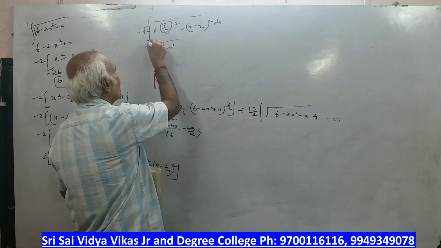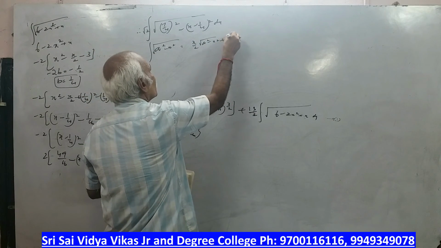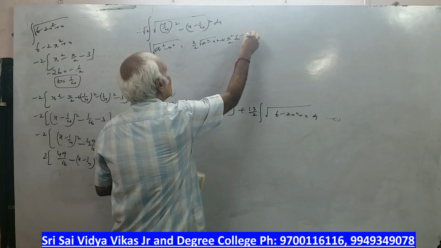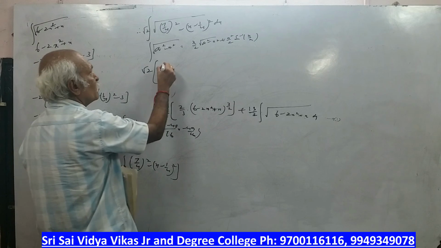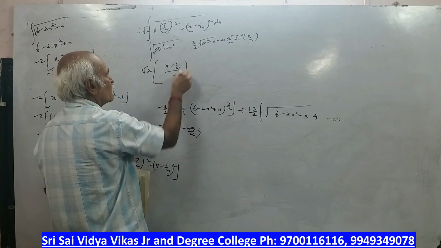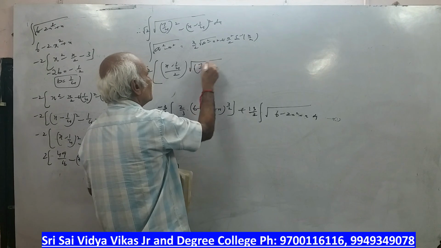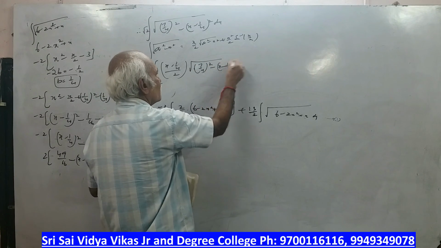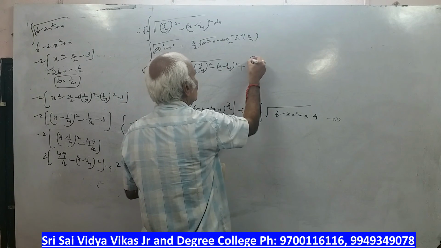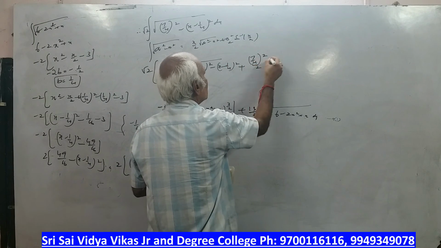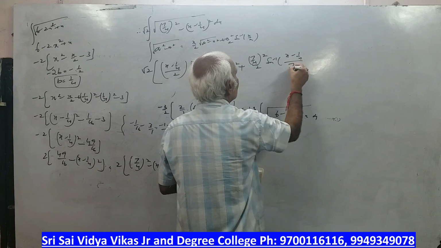So x by 2 root of a square minus x square plus a square by 2 sine inverse x by a. So root 2 into x by 2 means what? x minus 1 by 4 into root of a square means what? 7 by 4 whole square minus x minus 1 by 4 whole square plus a square by 2. What do you mean by a square? 7 by 4 whole square by 2 sine inverse x by a, means x minus 1 by 4 by 7 by 4.